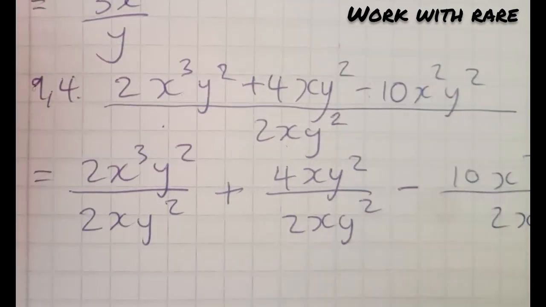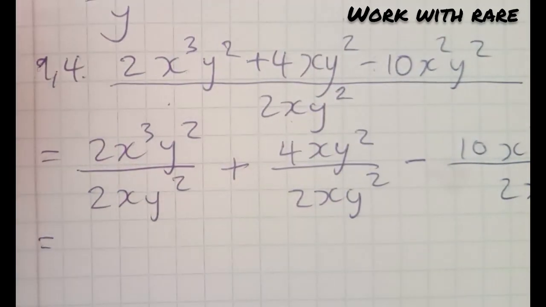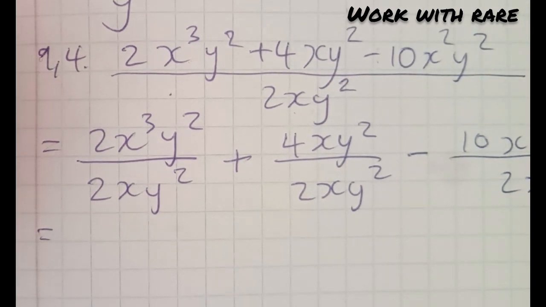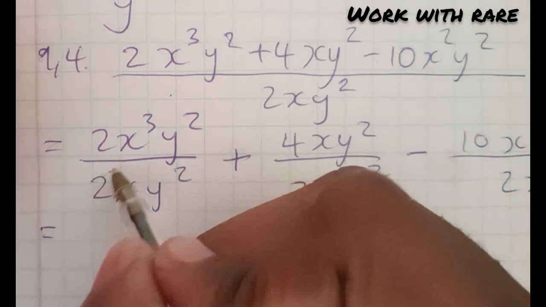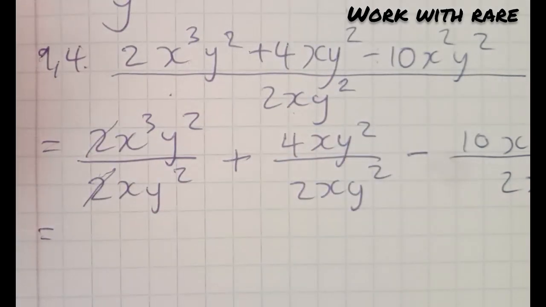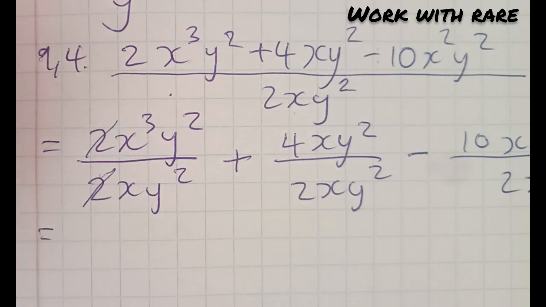So now let's focus here. We'll say 2 divided by 2, it's 1, which means this 2 will cancel this 2. Remember I said when we divide the same base, we subtract the exponents.